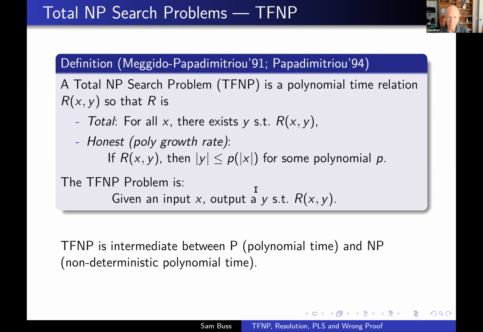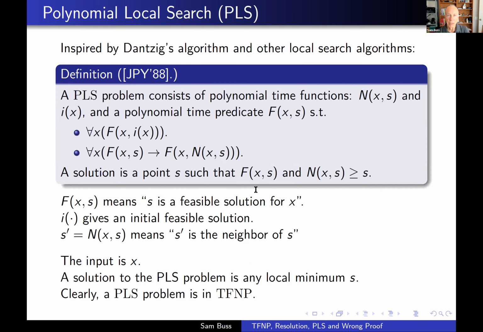Okay, good. So I also want to talk about PLS, and this was defined even earlier. So a polynomial local search problem, I've simplified it down a little bit to get rid of the cost function. We have a neighborhood function n, a feasibility predicate f, and an initial value I. And the input is x here, and the neighbor n(x,s) is supposed to give a value s' such that s' is the neighbor of s.